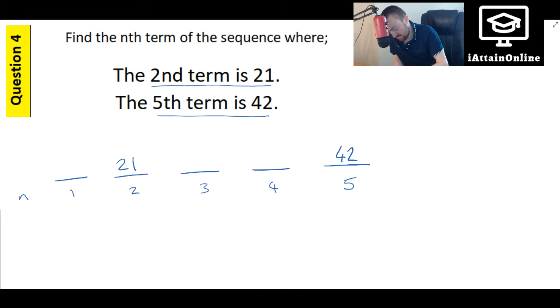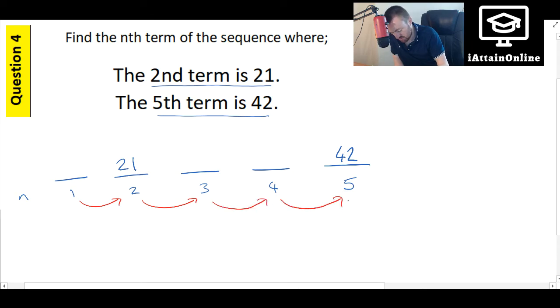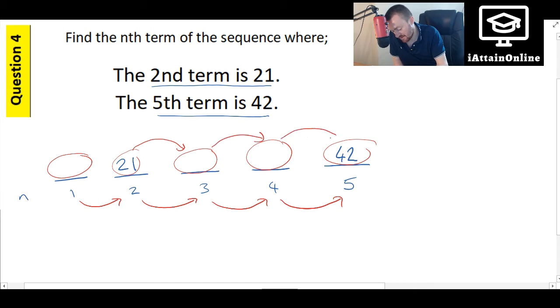So we know that to get from this one to this one, this one to this one, I'm not actually talking about the 1 to the 2, the 2 to 3, I'm talking about these numbers here. We know that all these differences are going to be exactly the same. So we're going to use the two numbers that we've been given. To get from 21 to this one, we're adding the same thing, then we're adding the same thing again, then we're adding the same thing again.